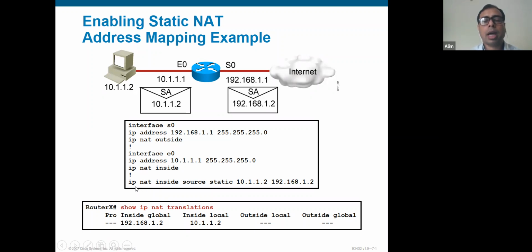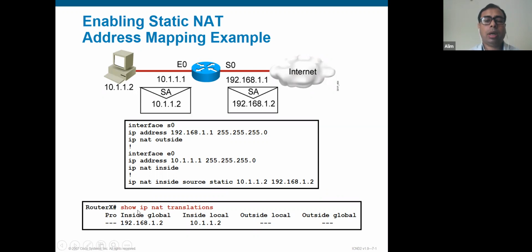The command syntax is ip nat inside source static, as it is a static NAT. Then you mention which IP will translate to which IP. In this scenario, we are going to translate 10.1.1.2 to 192.168.1.2.